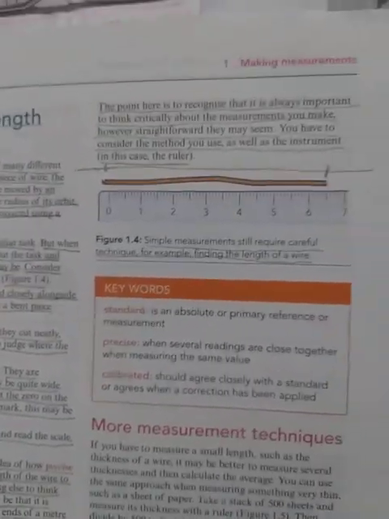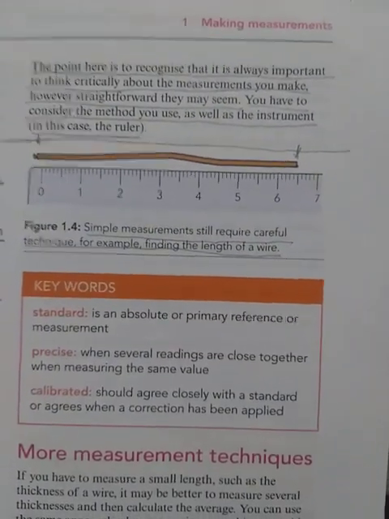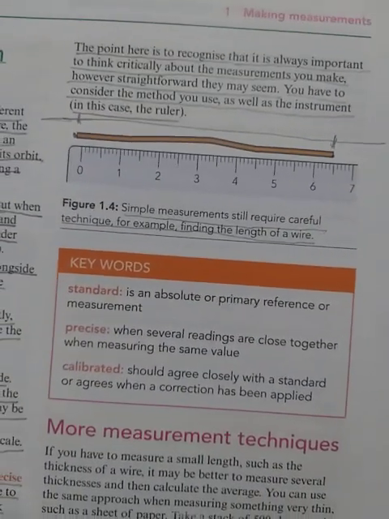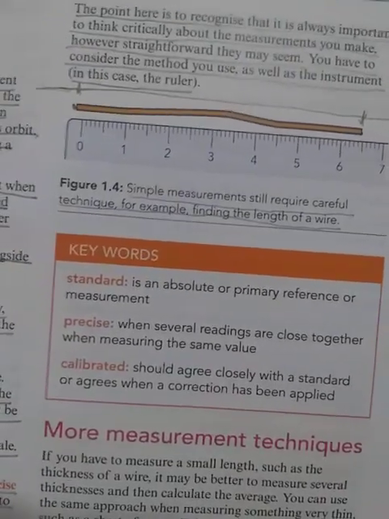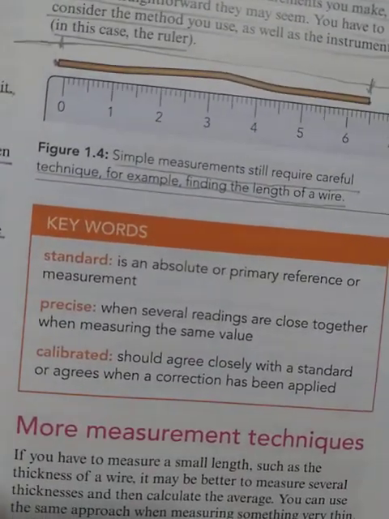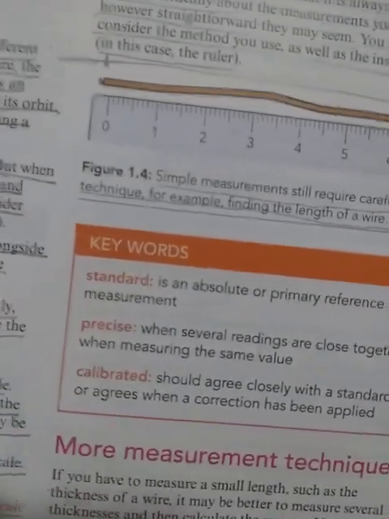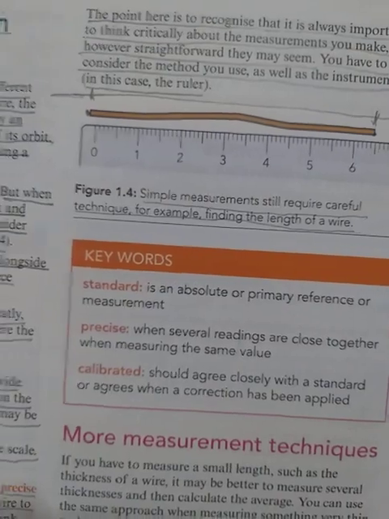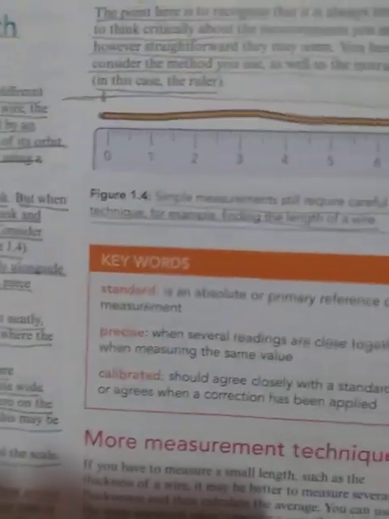So are there any methods to find out if your ruler is correctly accurate, or is it a bit inaccurate? How can you find that? Okay, take 2, 3, 4 rulers from your friends.